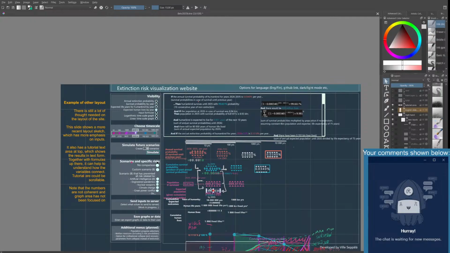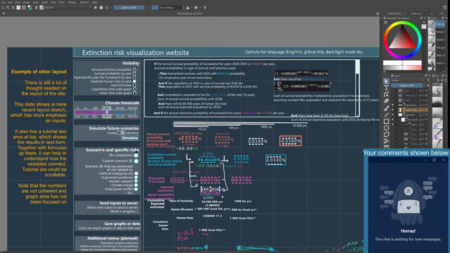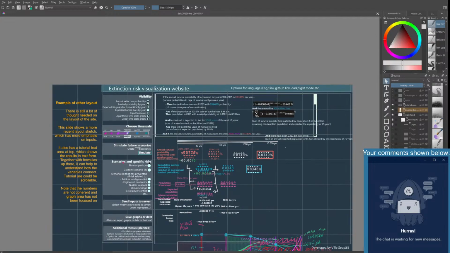Now we would be at this precise level here. I think that's not too bad actually.